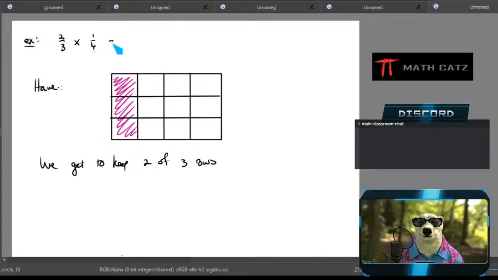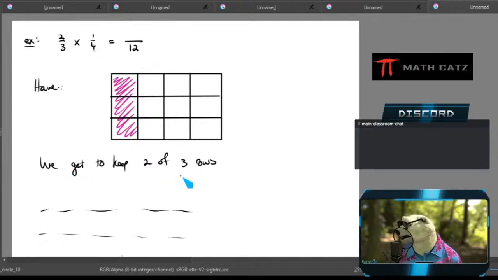And that's why my answer is going to be over 12, because looking at this rectangle, it takes 12 pieces to make a rectangle. That's going to be a sentence over here. And that's going to lead me to my answer with a denominator of 12, because of what I do in this intuitive process.